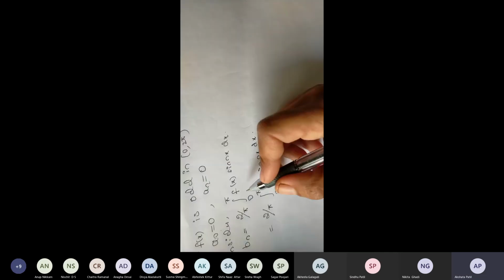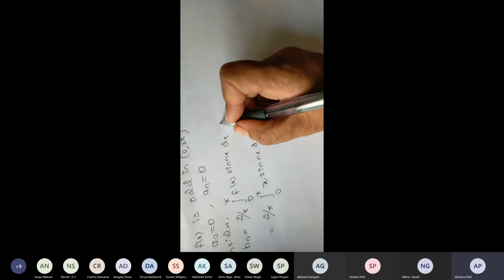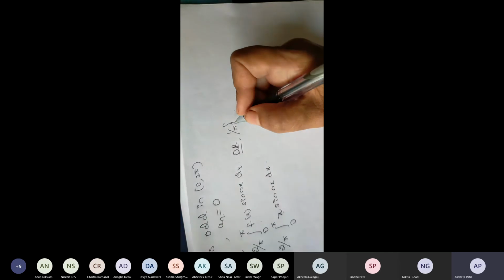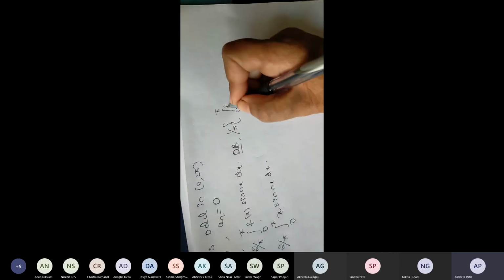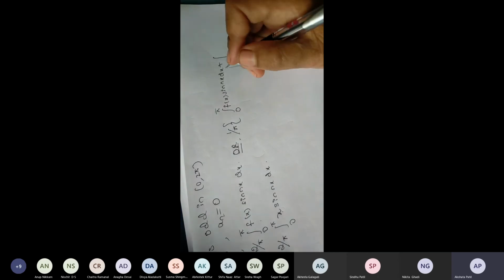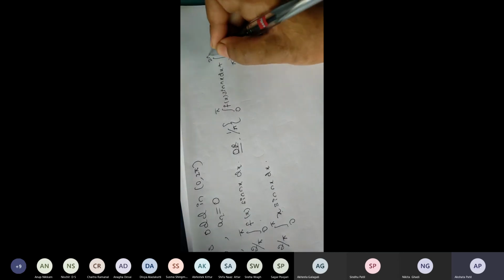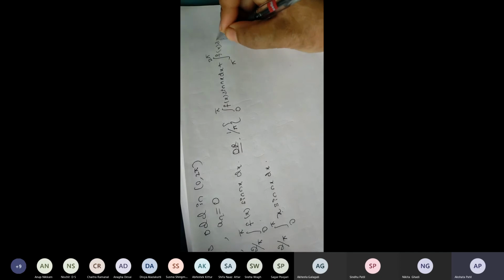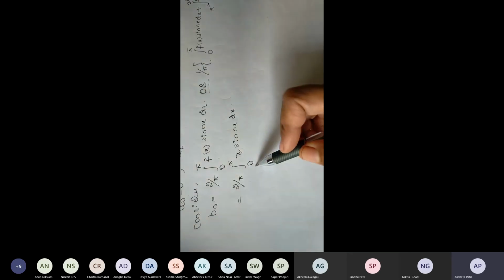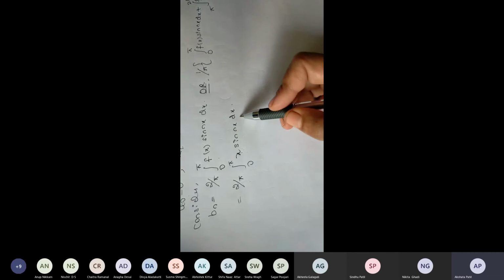Or if you don't want to use this formula, you should use this formula only, that is 1 by pi, integration 0 to pi f of x sin nx dx, plus pi to 2 pi f of x sin nx dx. If you want you can use it like this, or you can use differentiation under integral sign, that is 2 by pi 0 to pi x sin nx dx.